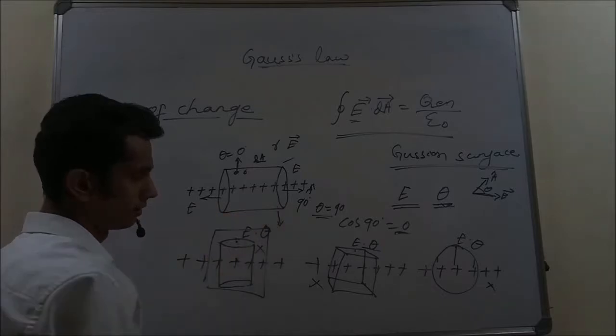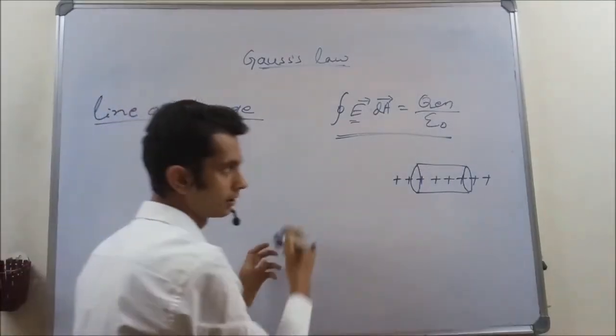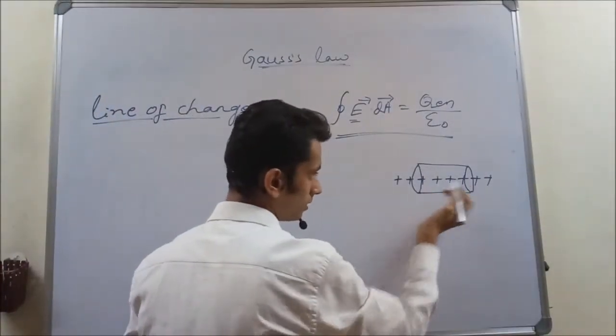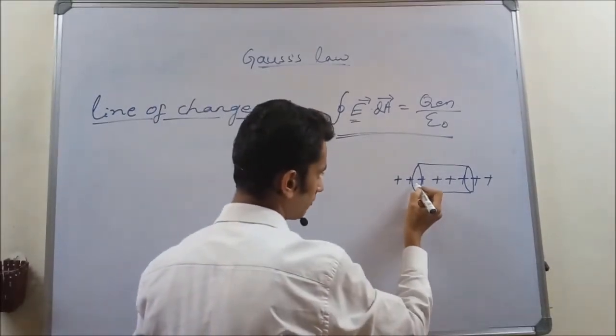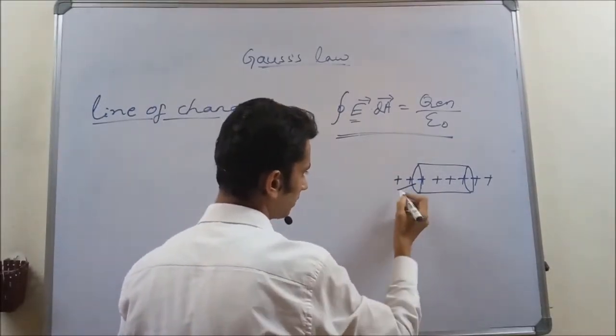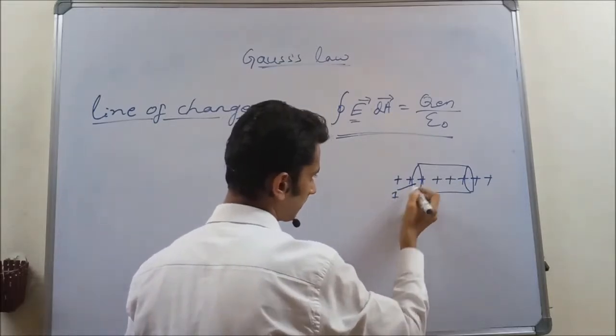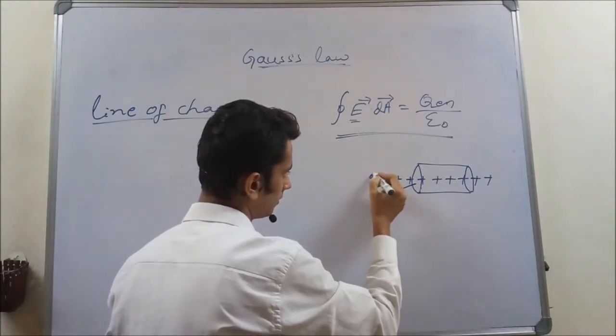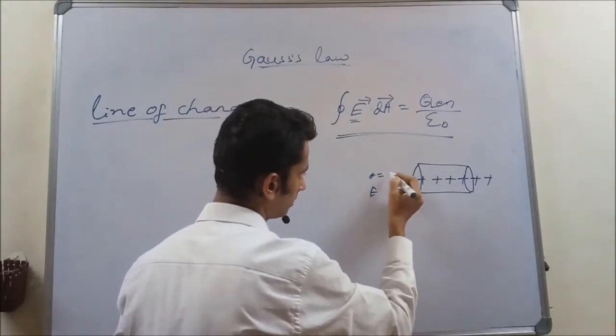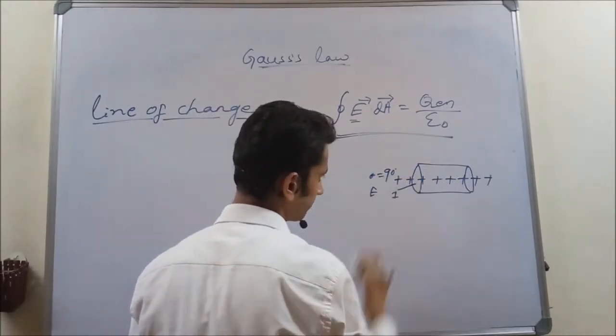In a cylinder there are 3 surfaces that make it a closed surface. If we take the first surface, then here the electric field is constant and theta is 90 degrees.